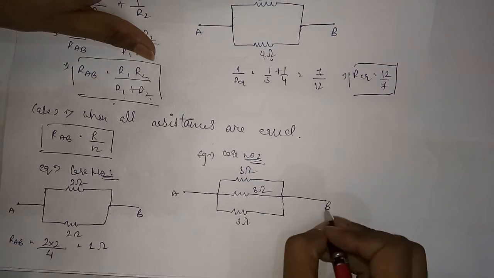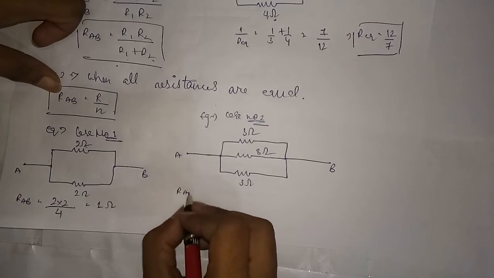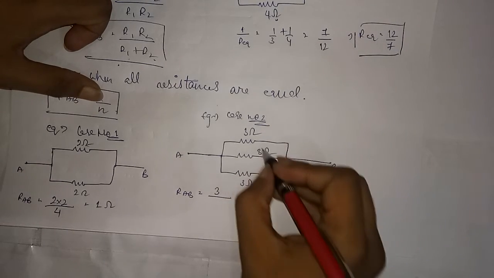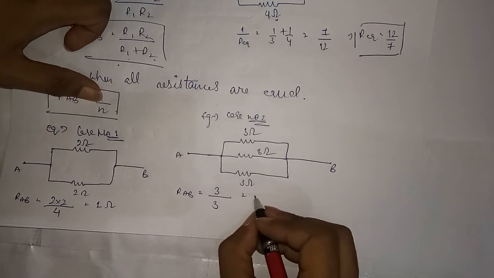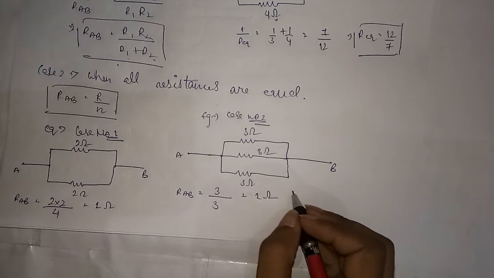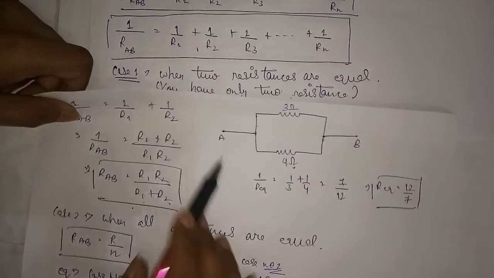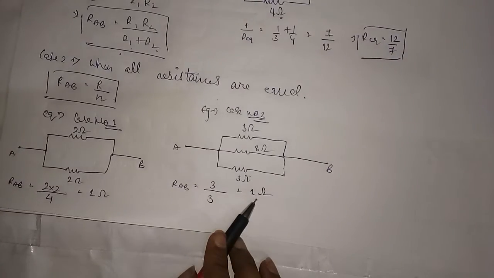This is point B. So according to our formula, RAB is equal to R, that is 3, upon N, that is 3, 1 2 3. So our R equivalent becomes 1 ohm. And if you solve this question from the basic formula, you will then also get 1 ohm resistance.